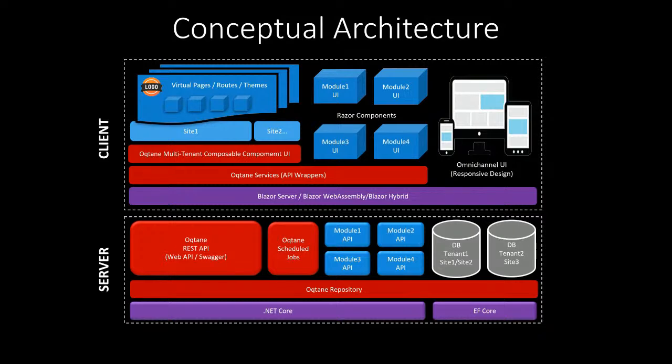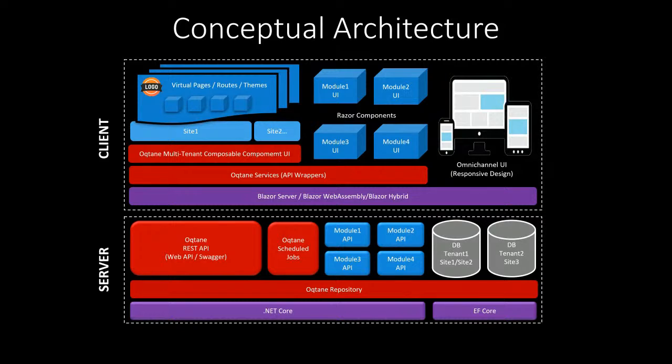On the server side, you can build applications which have both a front end and a back end component. So you would have a module-based API that you build for a module, and then the front end would be built in Blazor, and they would be bundled up as a NuGet package and then deployed into your application.